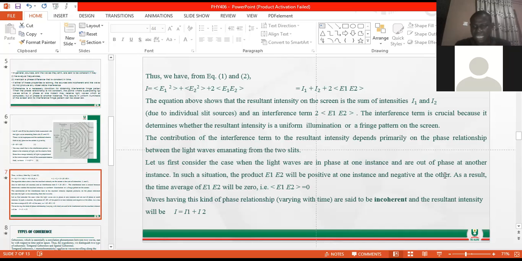As a result, the time average of E1E2 will be 0. That means if they are in phase at one instance and out of phase at another, the time average of E1E2 will be 0. So going back to this place now, when we have E1 and E2 here, can you see the arrow?